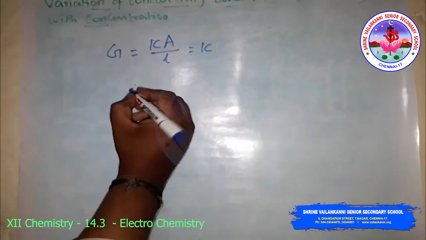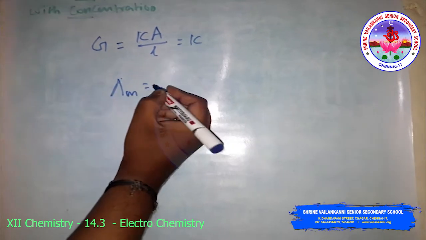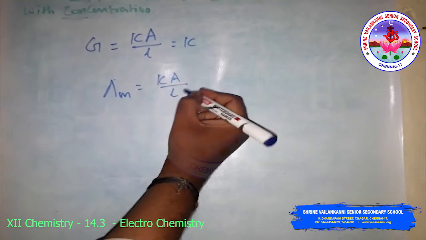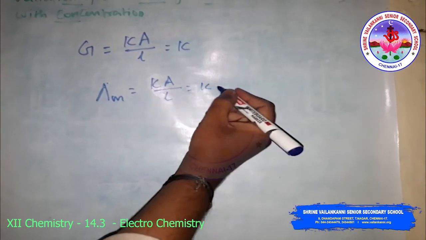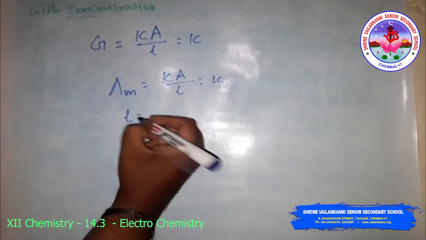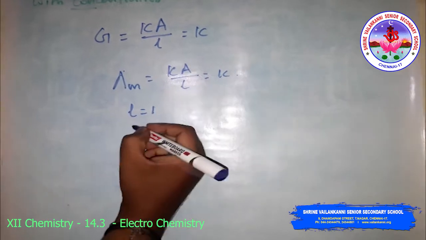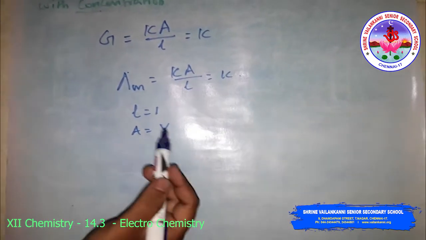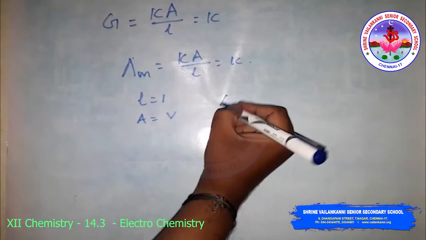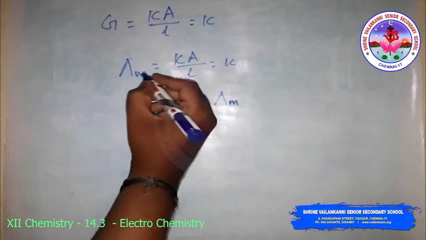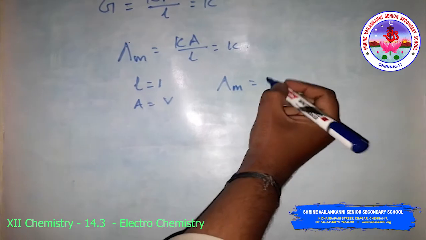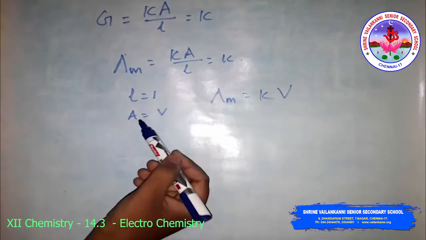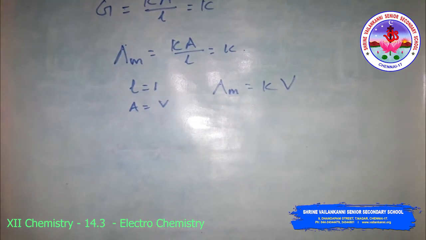So the molar conductivity is equal to kappa A by L, which is equal to kappa times V. Here L is equal to 1 and A is equal to 1, so lambda m is equal to kappa V.